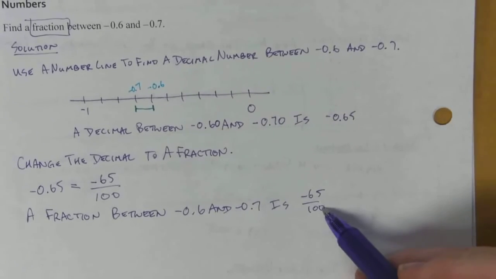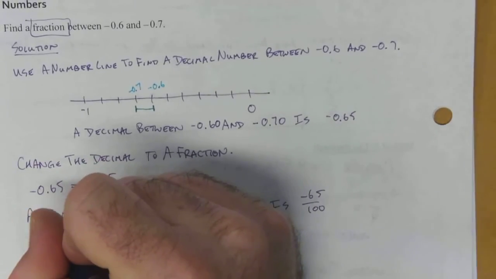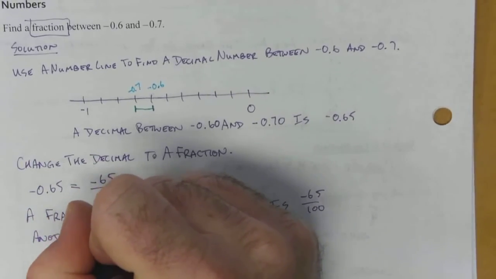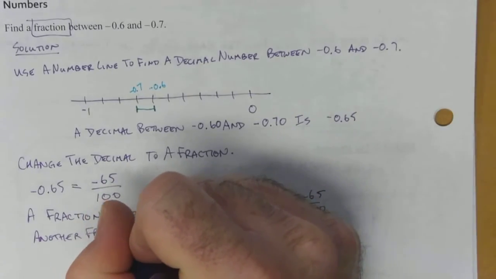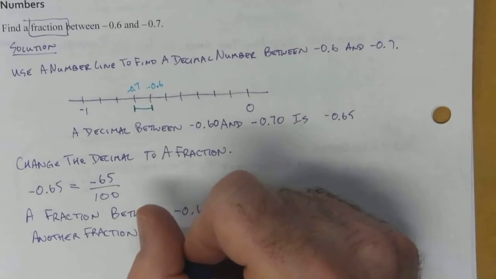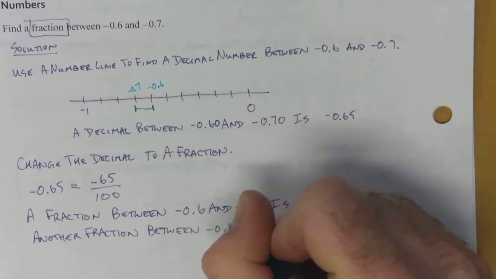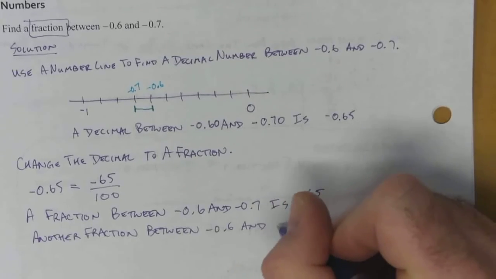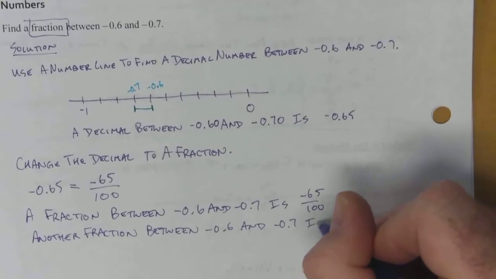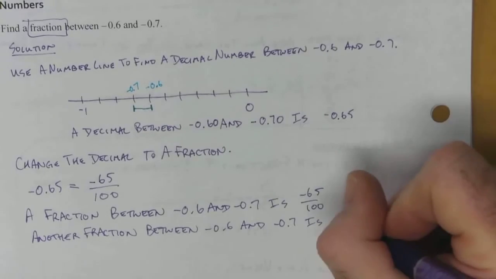You can put this into lowest terms. So another fraction between negative 0.6 and negative 0.7 is, well, let's see, we can divide top and bottom both by 5.